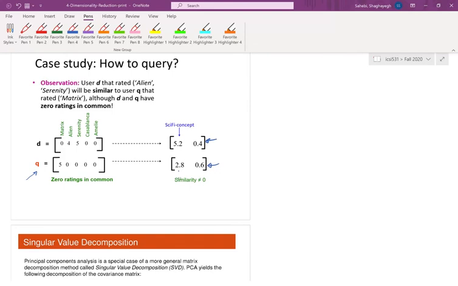Now if we calculate the similarity between these two vectors, the dot product, it is not going to be 0, it's going to be more than 0. So you see, we could capture the similarity between these two users in the concept space, but we couldn't do that in the original movie space.